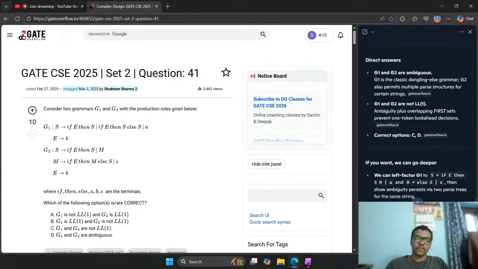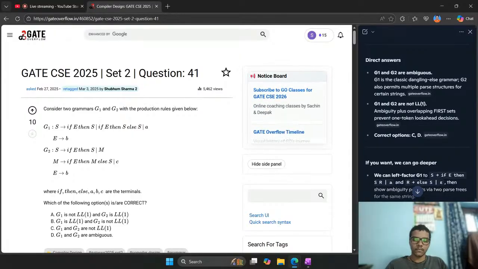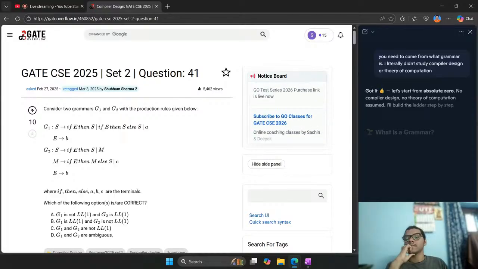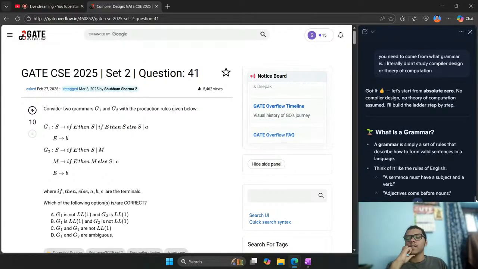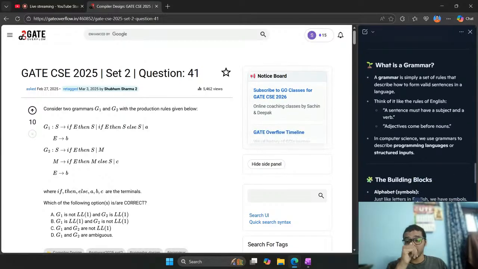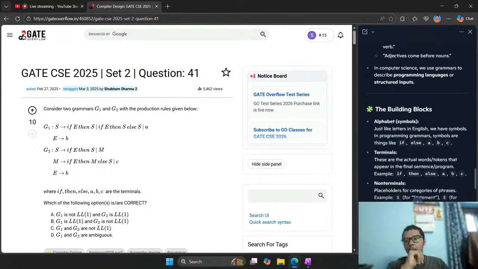A grammar is a set of rules that describe valid sentences in a language. Computer science uses grammars to describe programming languages or structured inputs.